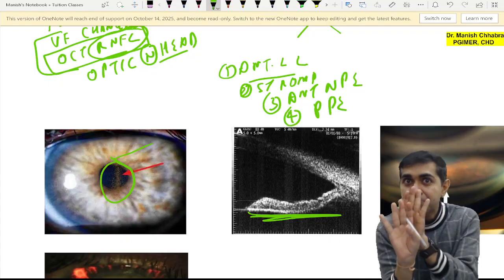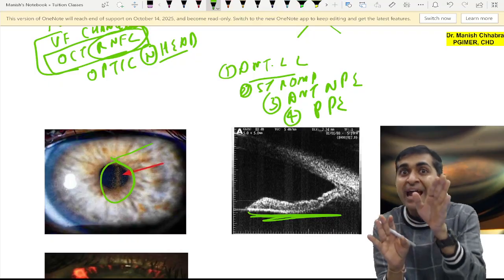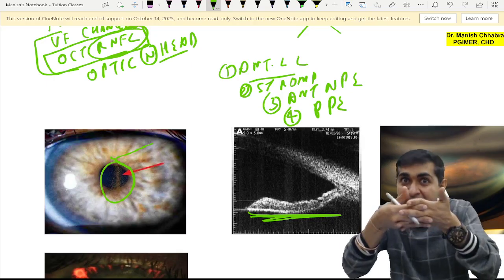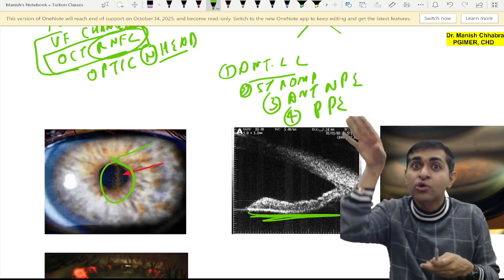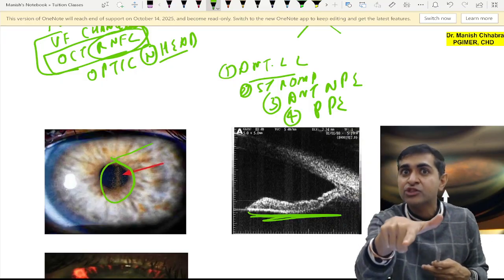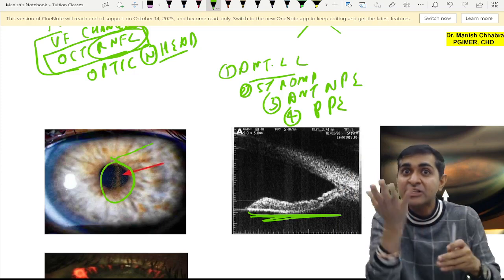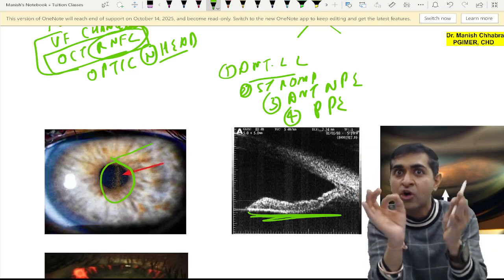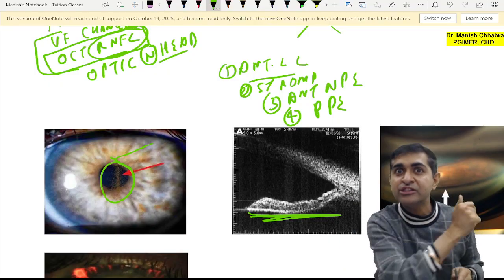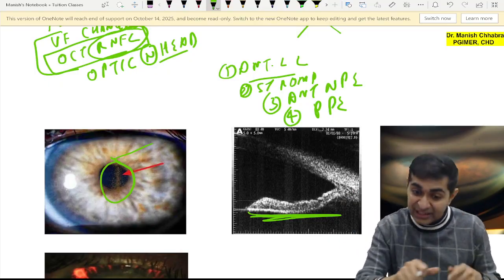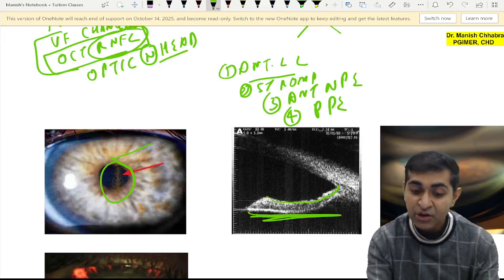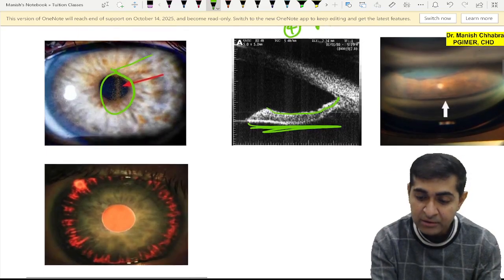Because the posterior pigment epithelium rubs upon the lens and zonules, it will lead to pigment dispersion, which will settle in the trabecular meshwork and slow down the flow of aqueous humor from the anterior chamber to the canal of Schlemm via the trabecular meshwork. As a result, it will raise the intraocular pressure, which will put pressure on the optic nerve and cause optic nerve changes as well as visual field defect. So here you can appreciate that there is concave configuration of the iris.